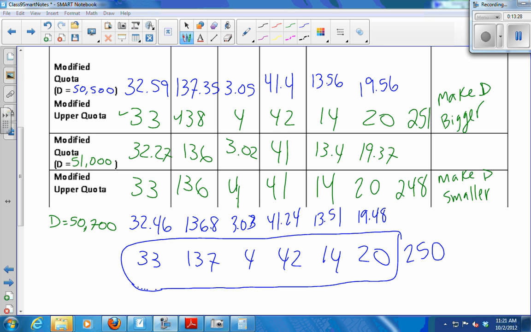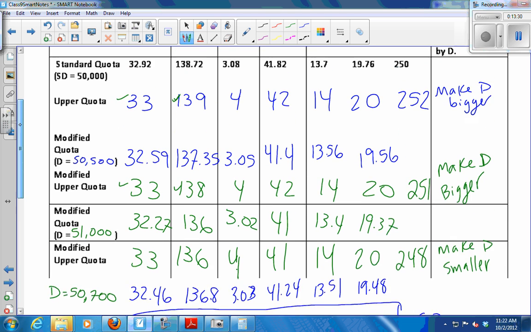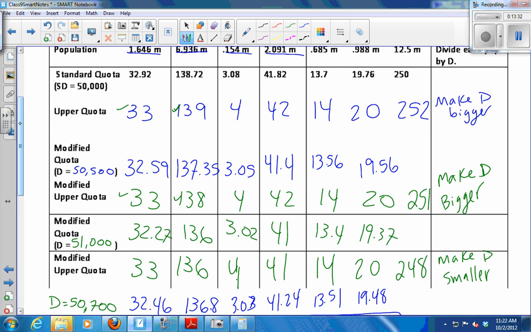So if we look at the standard quotas, right? Which one violated the lower quota? B. Right. So if you look at B's standard quota, 138.72, that's exactly how many seats they deserve, and the only really fair way to round is to say they either get 138 or 139.